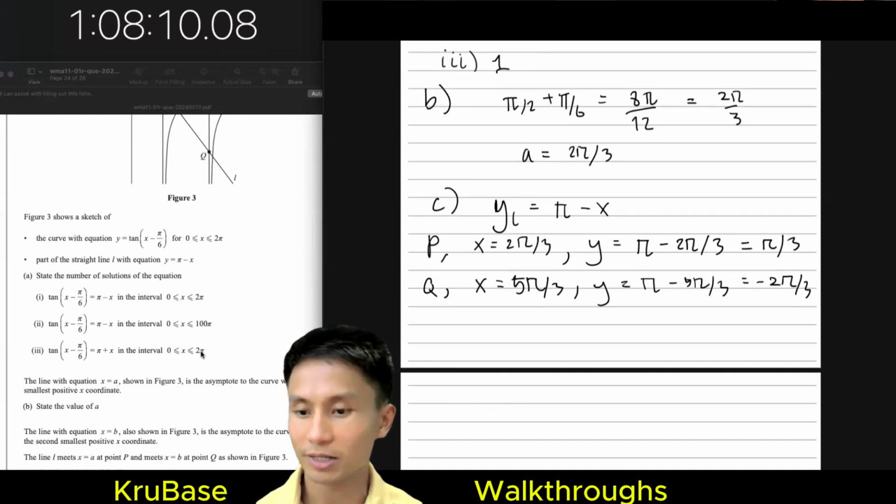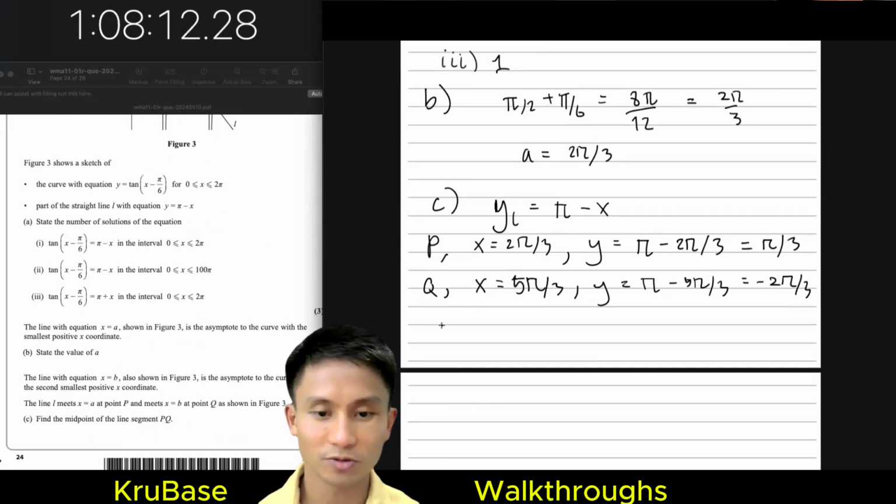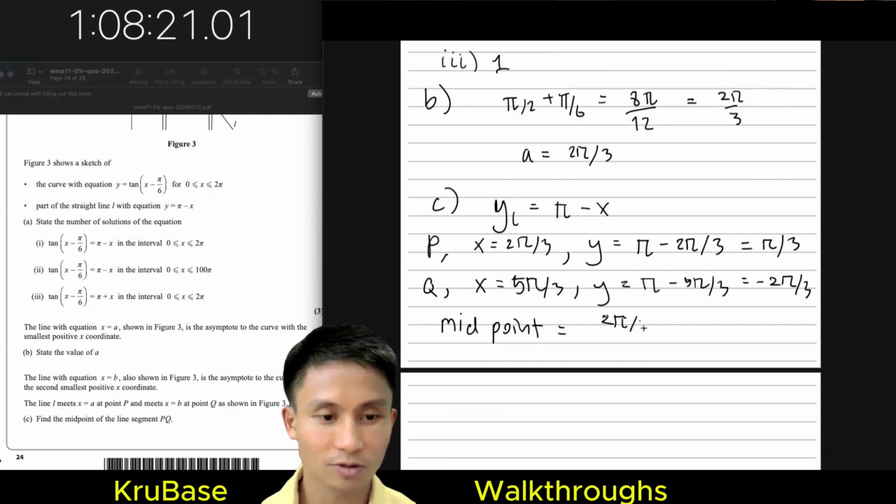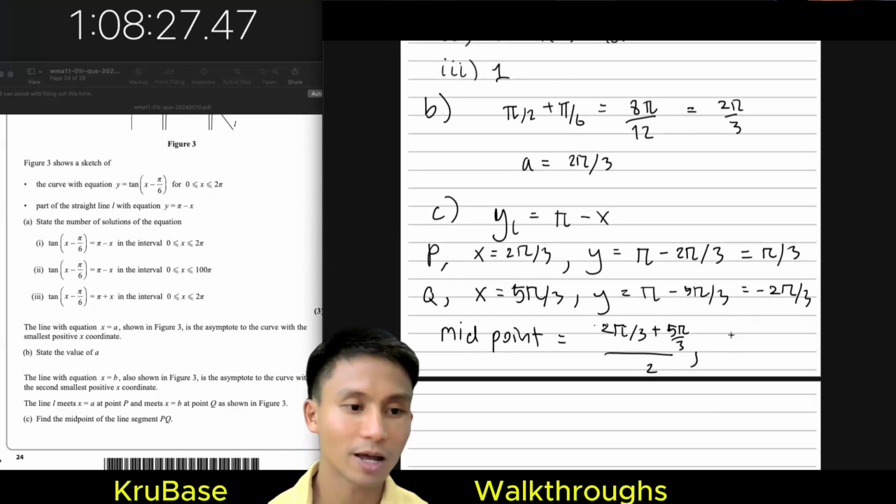So we find a midpoint. Just add them up, divide by 2. So the midpoint is adding the x's up and dividing by 2, and adding the y's up and dividing by 2 as well.